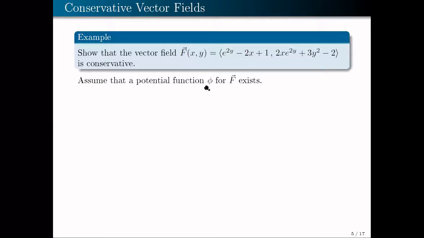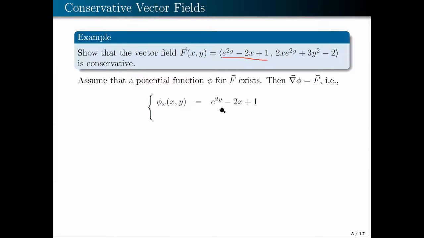That is, the gradient of phi must be equal to the vector field f as follows. Or in other words, the partial derivative of phi with respect to x must be equal to the first component of the vector field f, which is the exponential of 2y plus minus 2x plus 1.